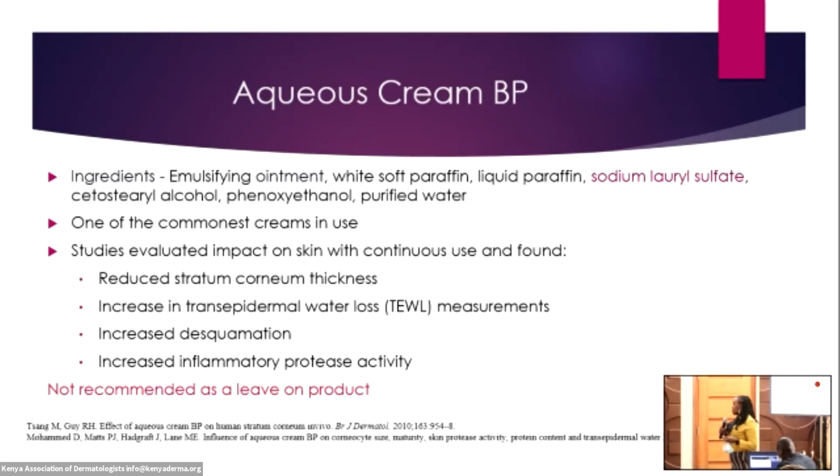People who've used aqueous cream for a long time have been found to have a reduced stratum corneum thickness, increased transepidermal water loss, increased desquamation, and increased inflammatory protease activity. So this is the reason why aqueous cream is no longer recommended as a good moisturizer.